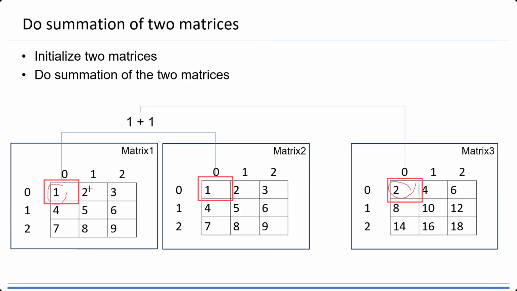2 is from 1 plus 1. 4 is from the 2 plus 2. 6 is from the 3 plus 3, and so on. So how can we make this one?